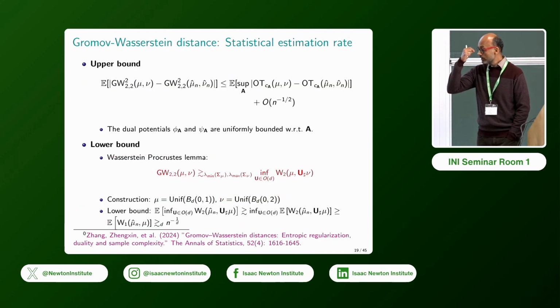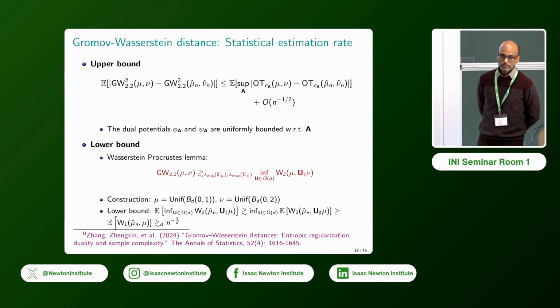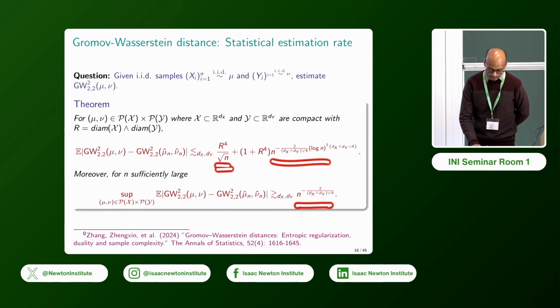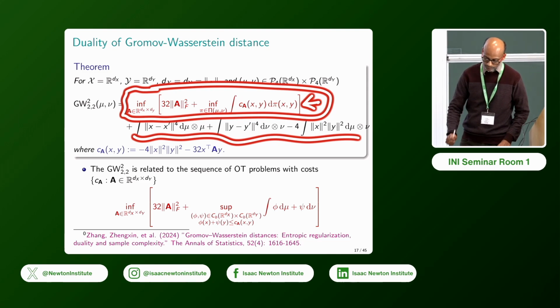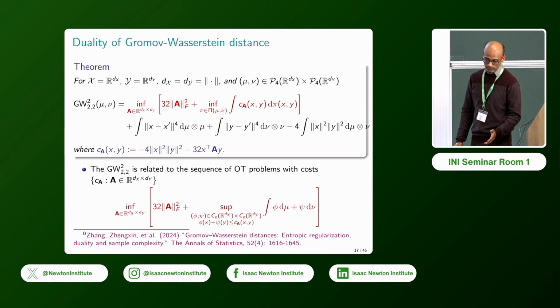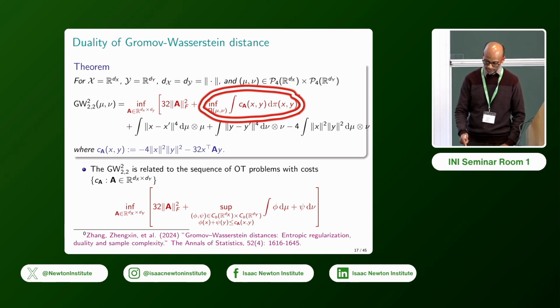And the ideas for the upper bound and lower bound are as follows. For the upper bound, just by staring at this term, we take the population version and then the empirical version, and all we have to do is bound the population version of the dual form against the empirical version.